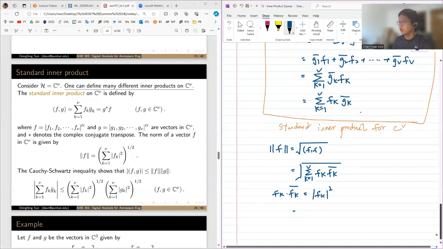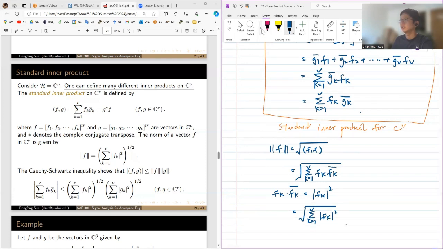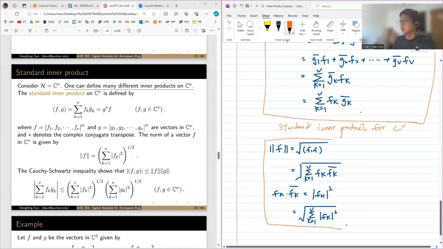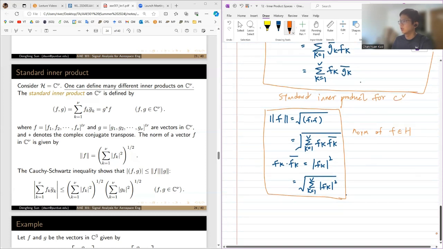So here, the norm of f becomes the square root of this summation of the absolute value of fk squared. All right, this is the norm of f.